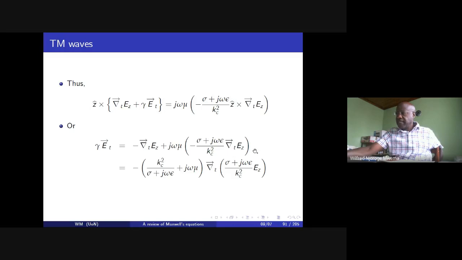We put it outside the bracket, and that is going to be 1 plus, and then we correct this value by taking it out of the bracket itself. Once we do that, we get kc squared by (sigma plus j omega epsilon) plus j omega mu remaining, because this is multiplying that, and then we put them all together in there for ease. Although it's a constant, I'm putting it in here so that we can make certain interpretation of the quantities that we have now.